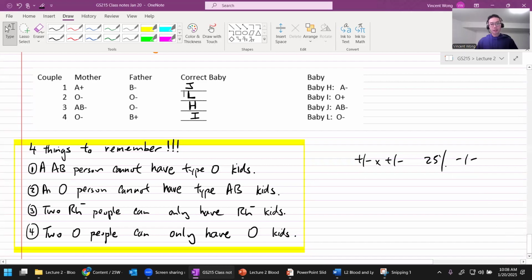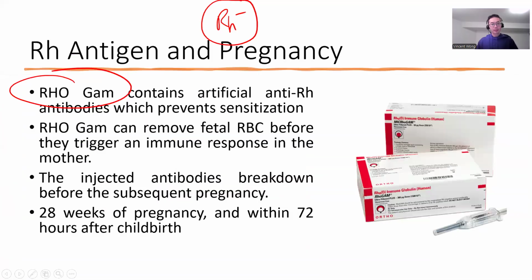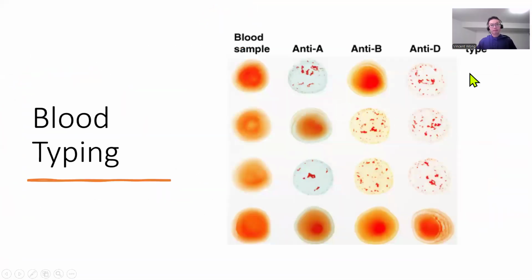All right, next we're going to do another thing here. Back to the PowerPoint. We're going to do blood typing. Again, I know I said this already, there are videos on the course shell where me and the other prof, Temjit, actually did the experiment to show you what it really looks like.